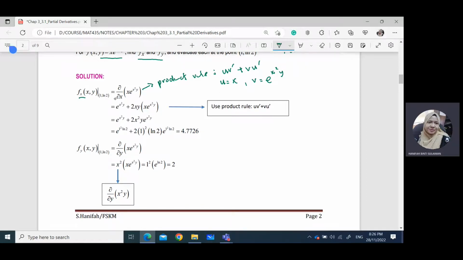So when you differentiate with respect to x on x exponent x squared y, it will become, let's write here, del x for x exponent x squared y, which is equivalent to u v prime, so x times the derivative with respect to x of v, where our v here is x exponent x squared y, and then plus v u prime, so our v here is exponent x squared y, multiplied with the derivative with respect to x on x.